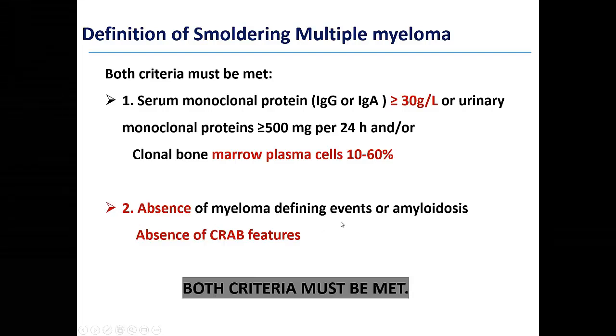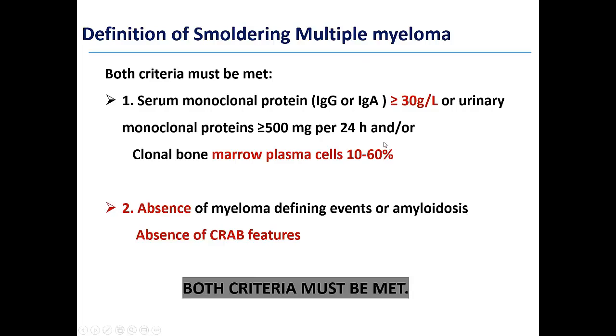Absence of myeloma defining events, which I told you is now the criterion for diagnosis. And then absence of CRAB features, because when we talked about the diagnosis, we said CRAB features, one of them, or myeloma defining events, one of them. So both should be absent in smoldering multiple myeloma.